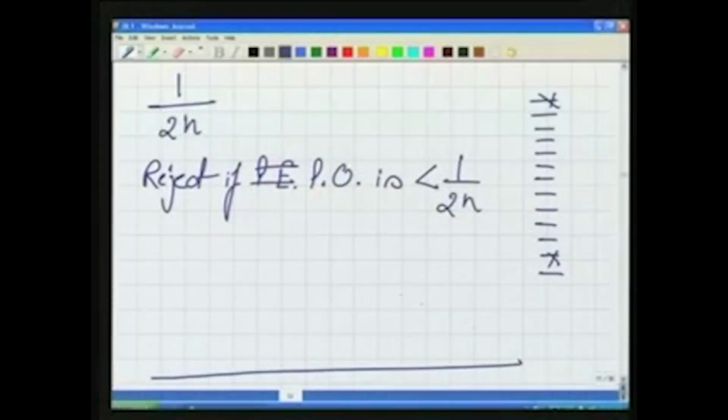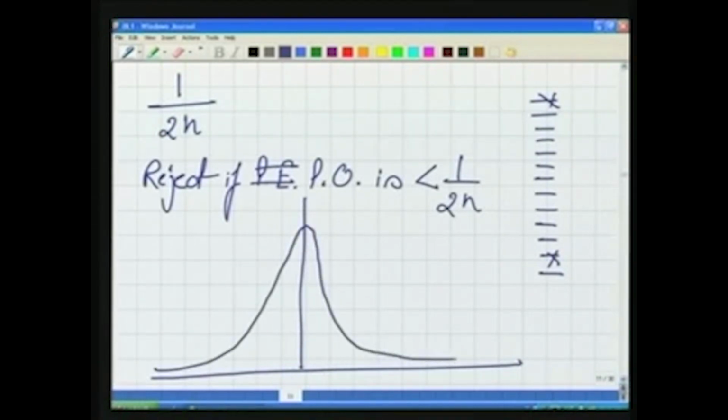Now, what is the meaning of this? We will try to see this in the normal curve again. I am drawing the normal curve again. This is important, and we must understand what we are doing. From minus infinite to plus infinite, and that is the mean.